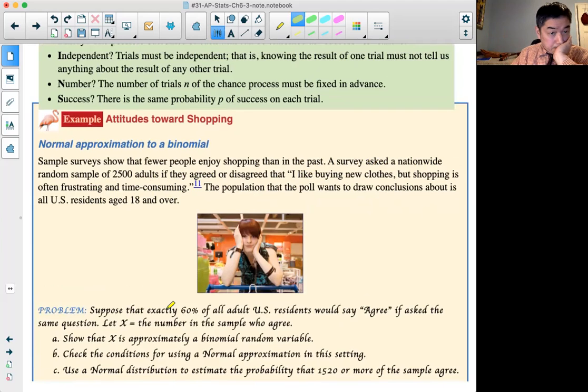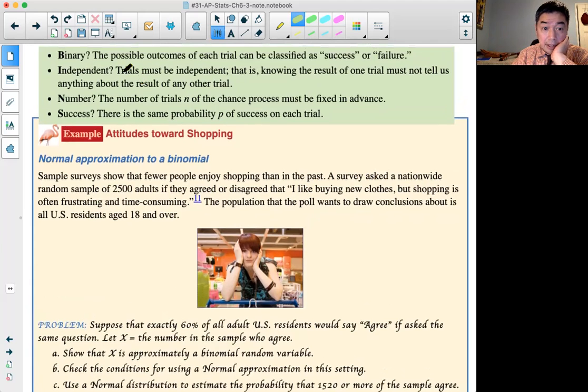Okay, now, let's see. Independent or not. So 2,500 adults. If we find one adult who agreed, right? The next chance will be slightly off because we found one already.